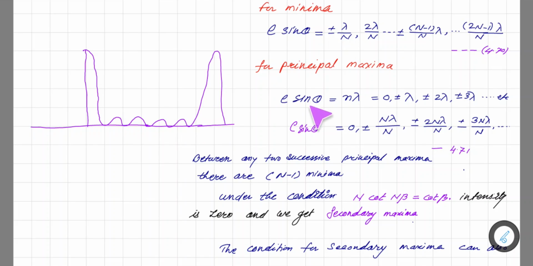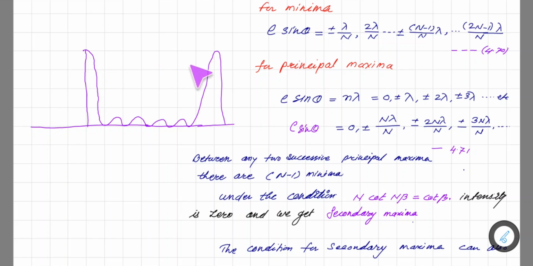Now we are talking about principal maxima. The condition is e sine theta is equal to n lambda, that is 0, plus minus lambda, plus minus 2 lambda, plus minus 3 lambda, etc. Therefore e sine theta is equal to 0, plus minus capital N lambda upon N, plus minus 2N lambda upon N, plus minus 3N lambda upon N. So we observe that between any two successive principal maxima, there are N minus 1 minima.